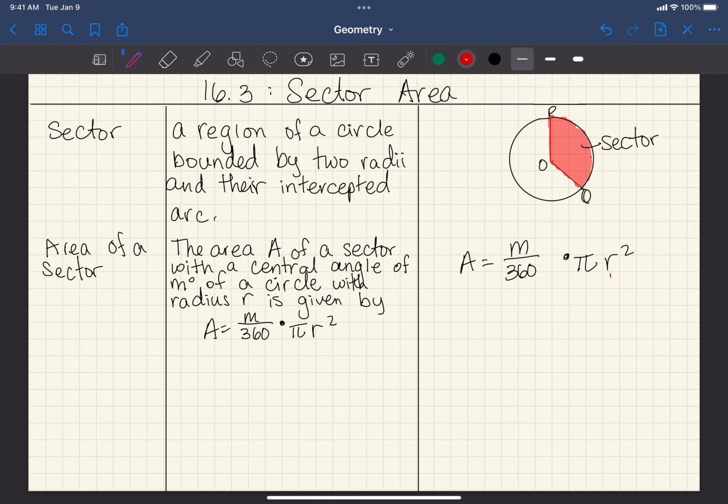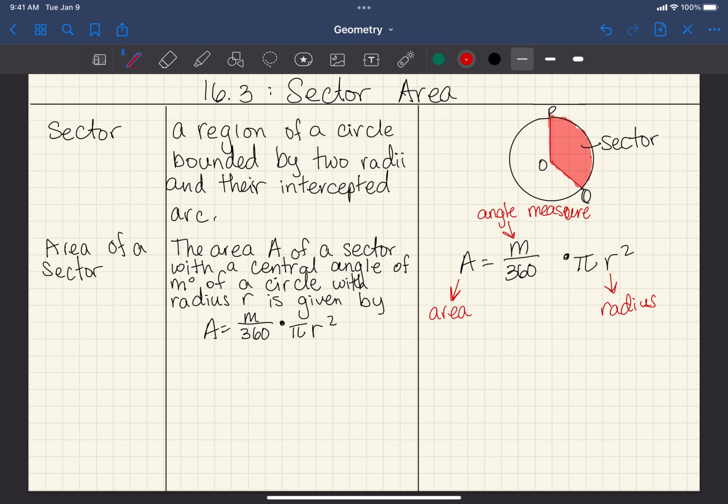And just to label it, remember r is the radius, m is my angle measure. Both 360 and pi are constants, so they are always going to be there. Okay, and just to make sure, we already know that A is area.